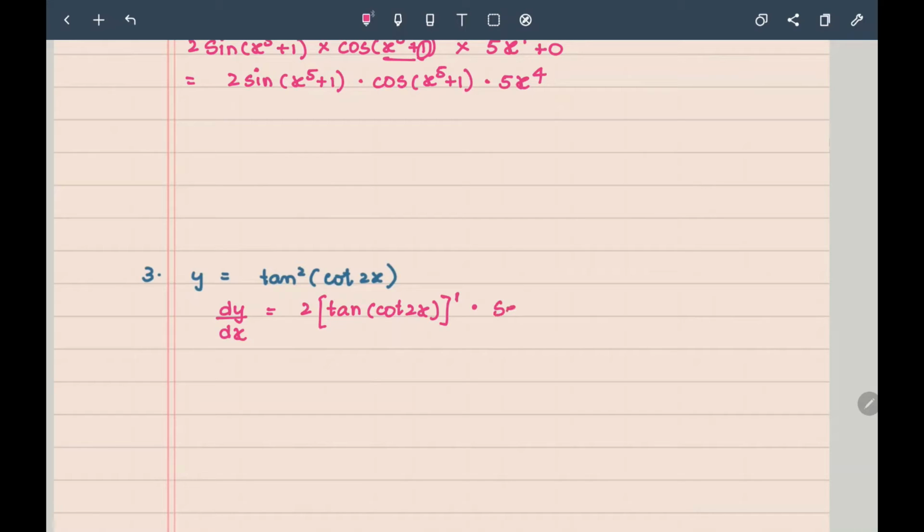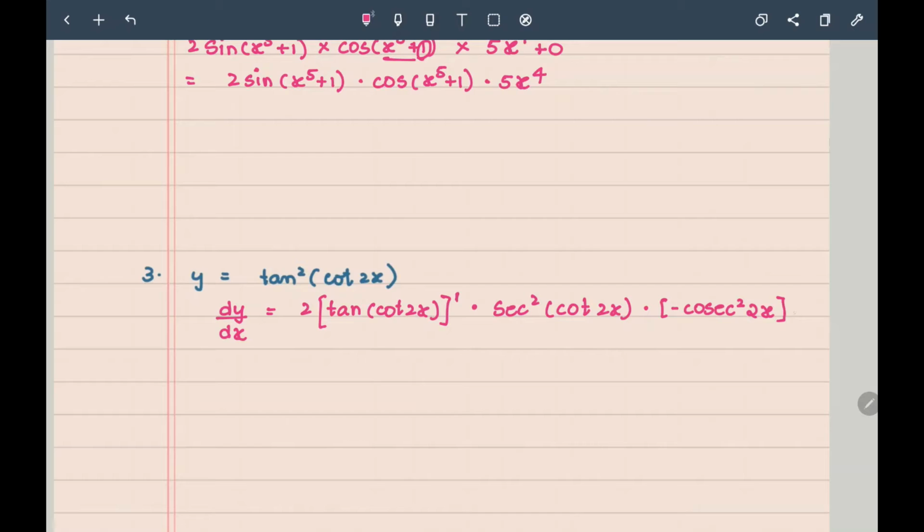Derivative of tan is secant square cot 2x, because in place of x we have cot 2x. Now we have to derive for cot. Derivative of cot is minus cosecant square x. In place of x we have 2x.